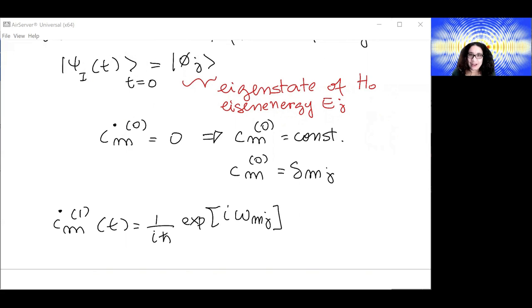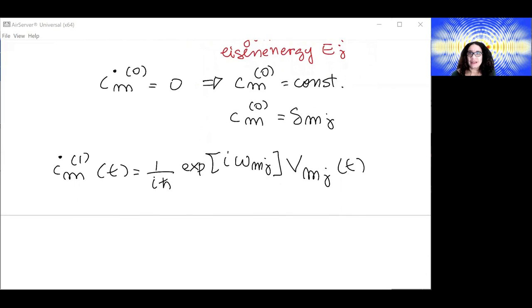Now, you had a whole sum, and the only term which is going to survive from that whole sum over k is the term in which k is equal to m. So that's why I'm writing this already. So you have Vmj t. If you would assume, for instance, that your system is a coherent superposition, we would have two terms surviving, et cetera. But we are assuming starting from an eigenstate.